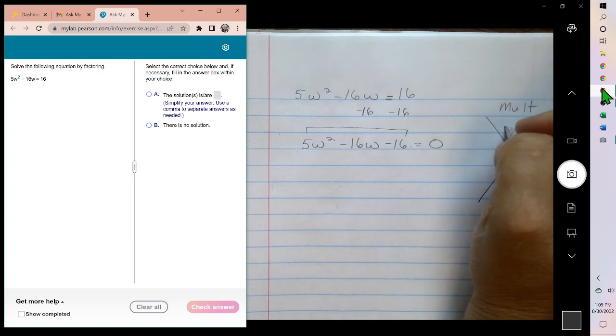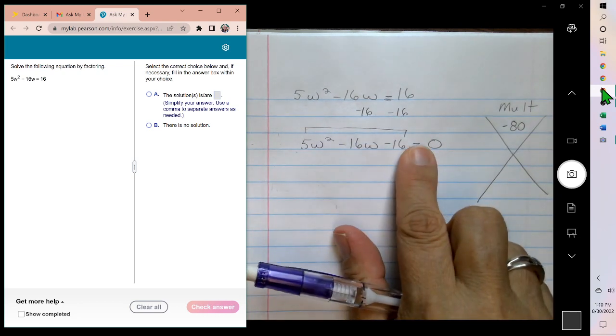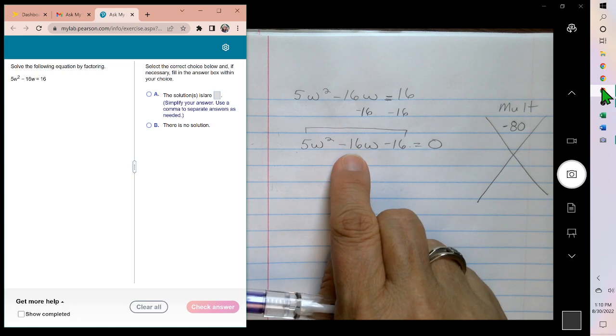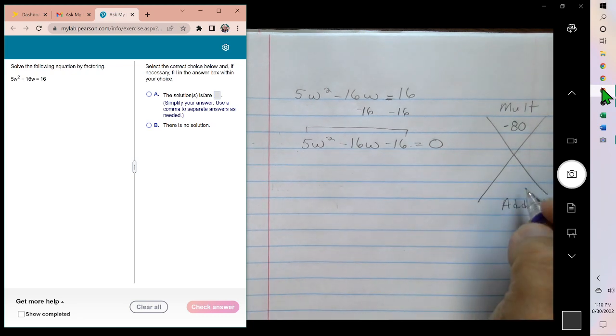So it will be a negative 80, positive times a negative. And then you add to get the middle value, which is a negative 16.